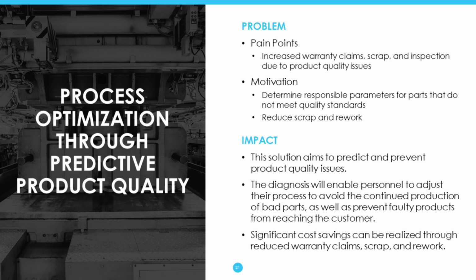What is the business case that is driving their motivation and initiative to improve their process and ultimately improve their product quality? For them, it was increased warranty claims and issues with scrap. Those were the main motivating factors for why they wanted to go on this digital journey and use predictive analytics and artificial intelligence to improve their process and ultimately reduce scrap. So the main focus in this case was on scrap reduction and improving the process.